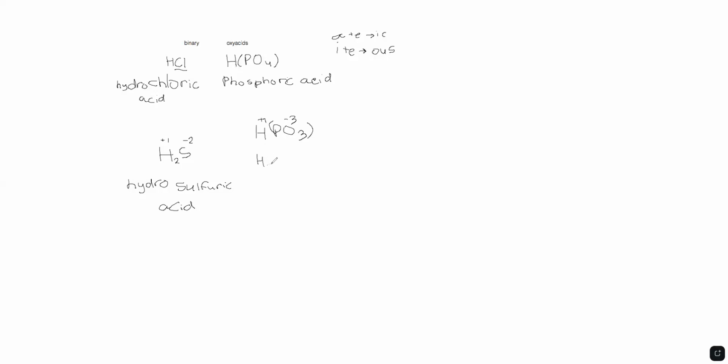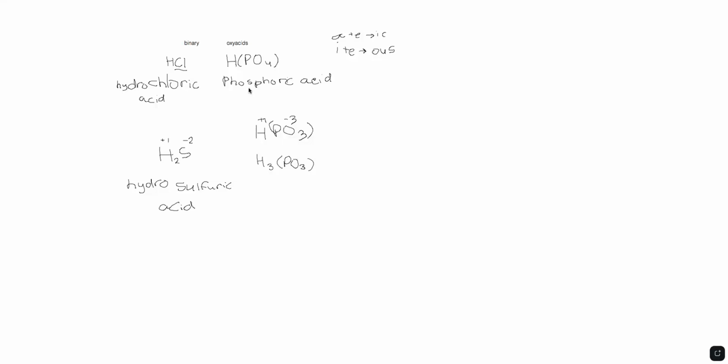So we're going to make this H3PO3. So now this is neutral. 3 hydrogens have a net charge of +3, and then the phosphite has a net charge of -3. So together they make up a net charge of 0, so it's neutral.